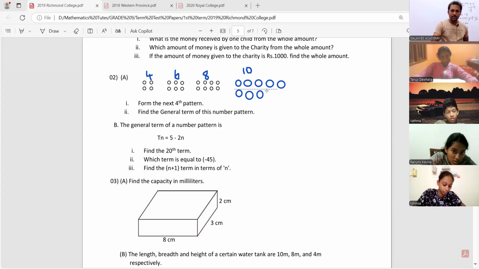Right, draw it clearly. It is the first part answer.